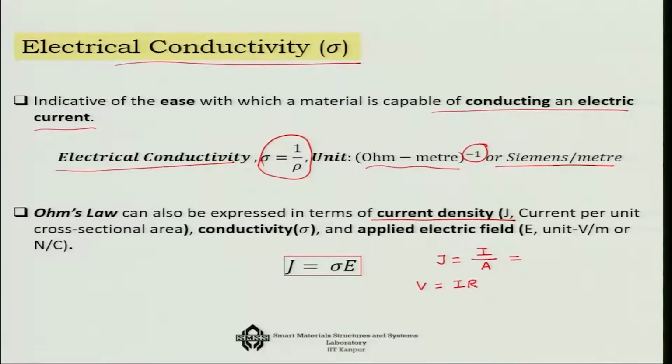So, which means that I can write I equals V over R. So, I can write this as V over A R, right.